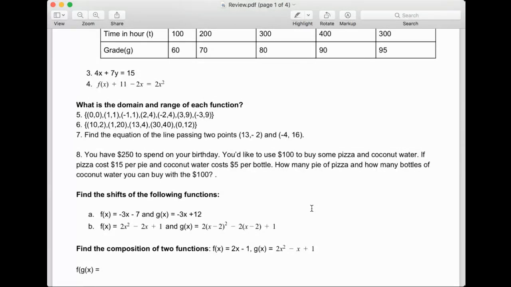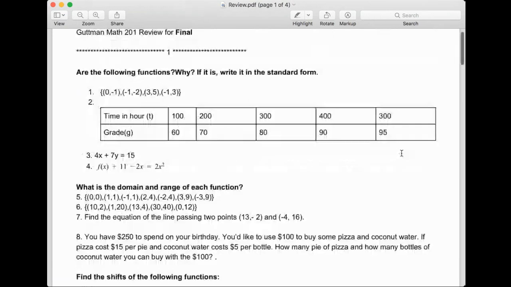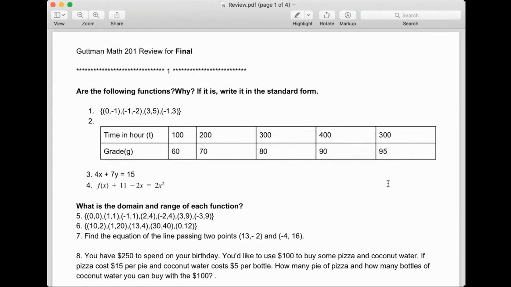Isn't it easier for you and for us to have questions that look a lot like our homework, because our homework doesn't look like that. Oh, I see your point. Okay.